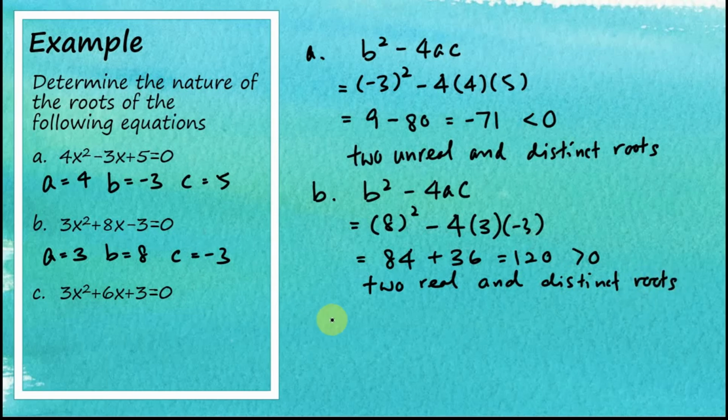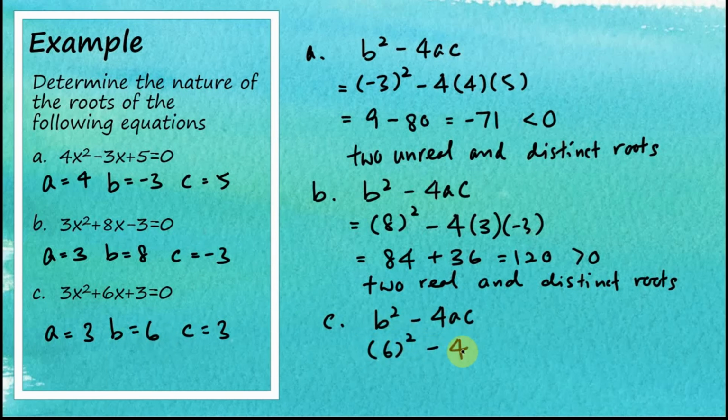Okay. Now for c, a is equal to 3, b is equal to 6, and c is equal to 3. So b squared minus 4ac, b is equal to 6, 6 squared minus 4, a equal to 3, and c is also equal to 3, and so this is equal to 36 minus 36 equal to 0.